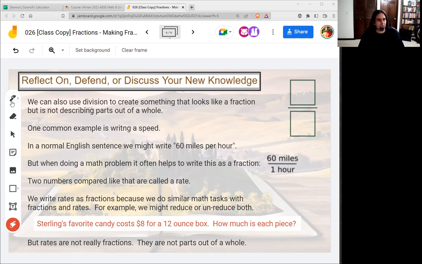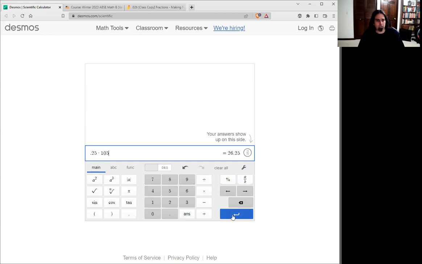Yeah, we would put 8/12. And fraction bars are like division. So I could go to my calculator and say 8 divided by 12. This website actually wants to write division as fractions.